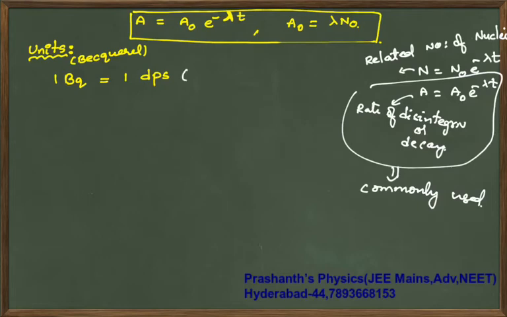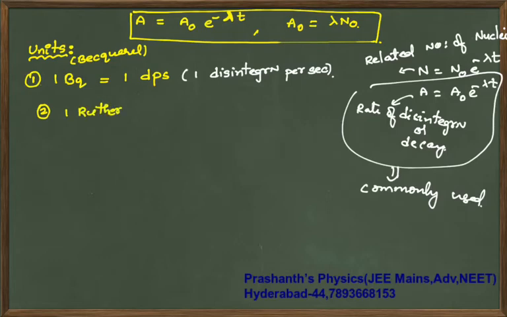So 1 becquerel is 1 disintegration per second. Next, number 2, 1 Rutherford.